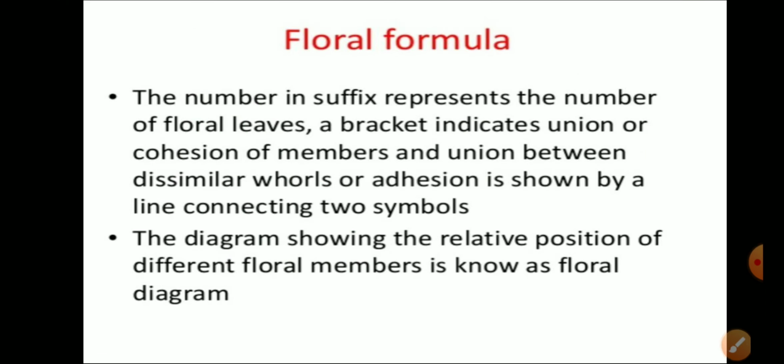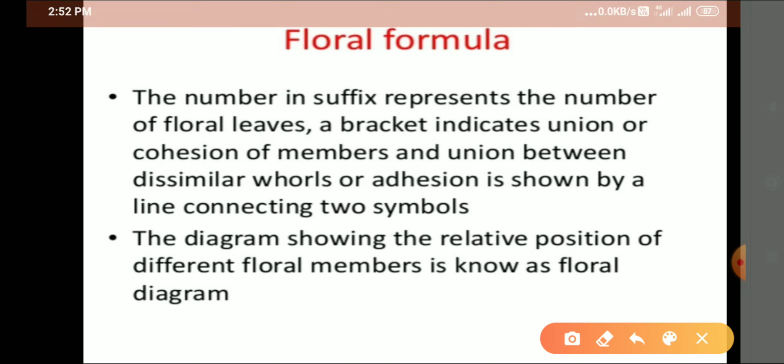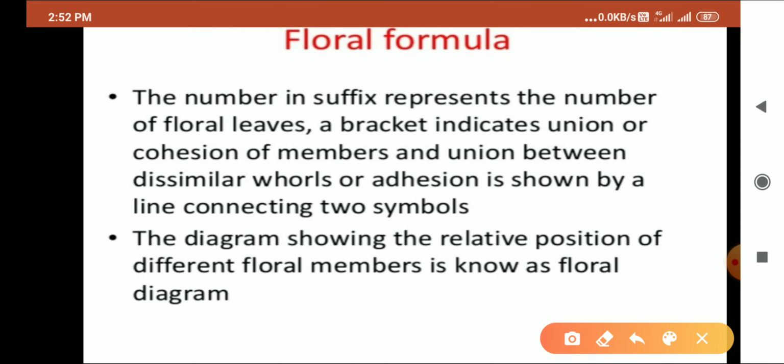In the floral formula, the number in the suffix represents the number of floral leaves. A bracket indicates union or cohesion of the members, and the union between dissimilar whorls, or adhesion, is shown by a line connecting the two symbols. For example, when we have four stamens, it is represented by A4. When we have four calyx, it is represented by K4.